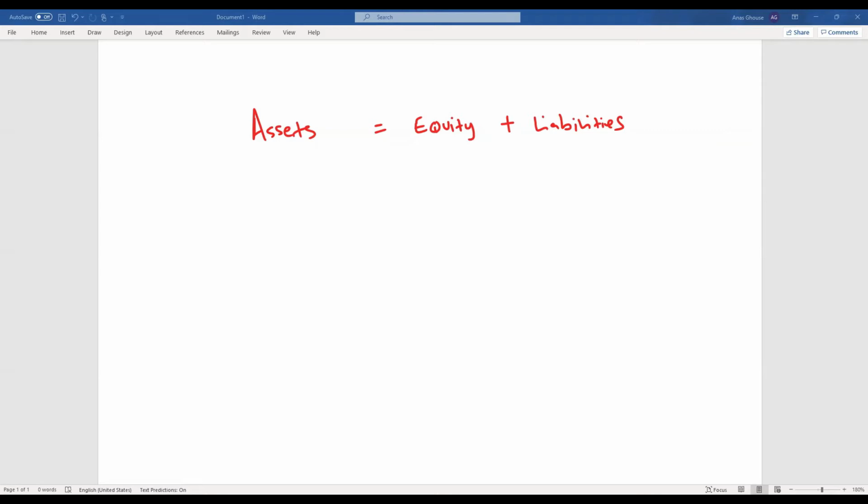Okay, so this equation we can further expand in this way. Assets equals equity plus profit plus liabilities.